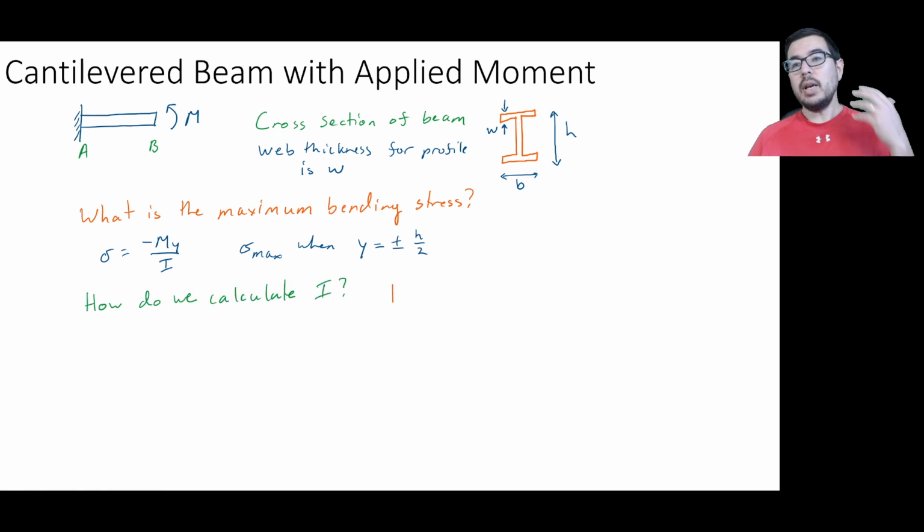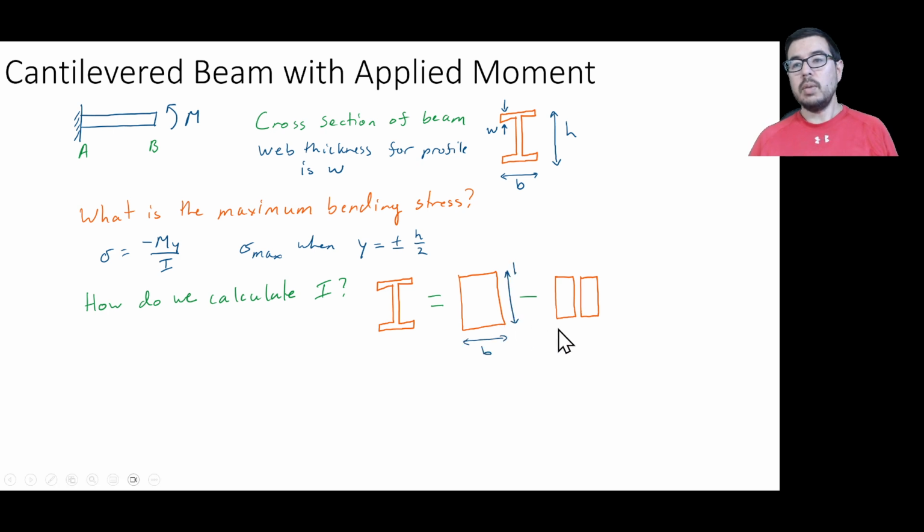So how do we calculate I? Well, in this case, we can also think about taking an entire cross section like we have here and subtracting this region here and here, and this region in here and here. That is another, maybe simpler, way of using the parallel axis theorem.